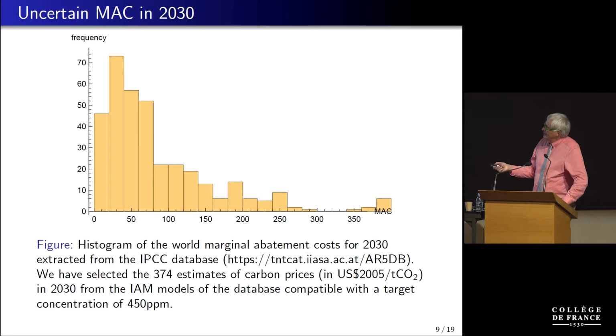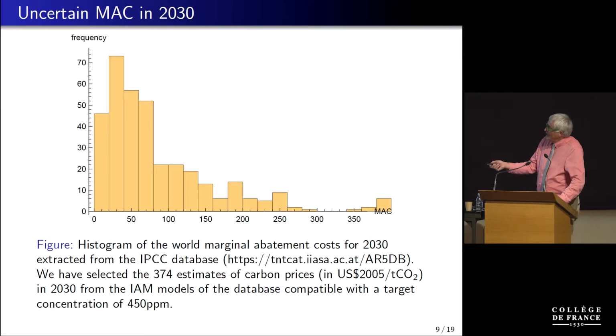So this is the density function, the frequency of the marginal abatement cost or carbon price by the year 2030, estimated at the time of the publication of the fifth report, that was 2015. So it's a 15 years ahead projection of the carbon price necessary in order to be compatible with the 2 degrees Celsius.